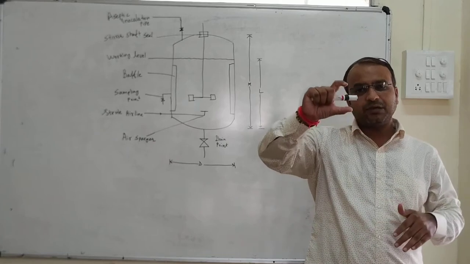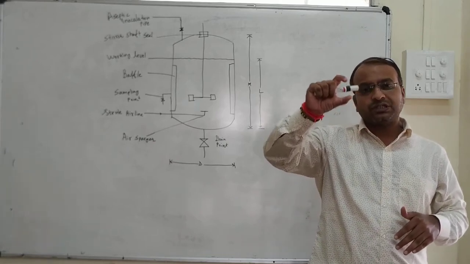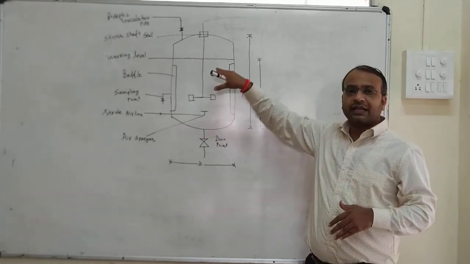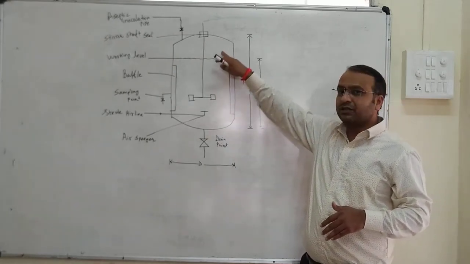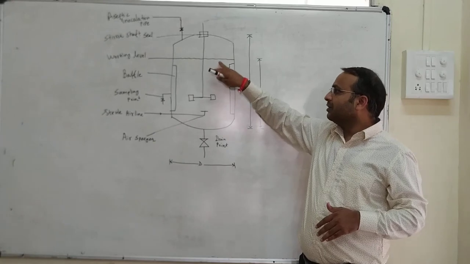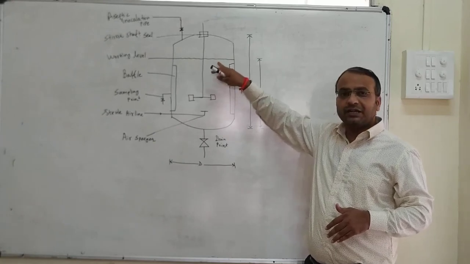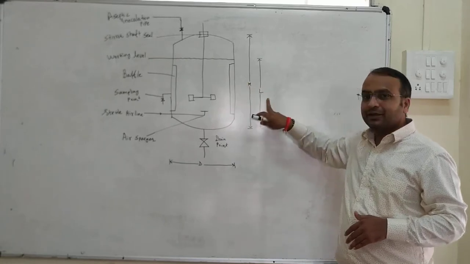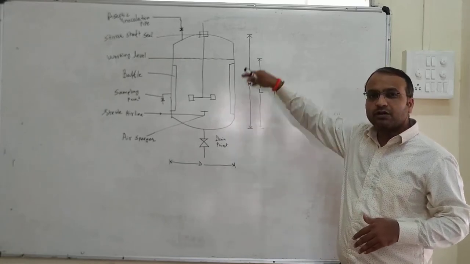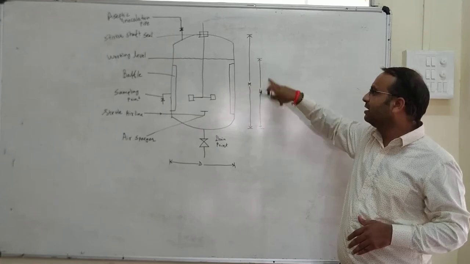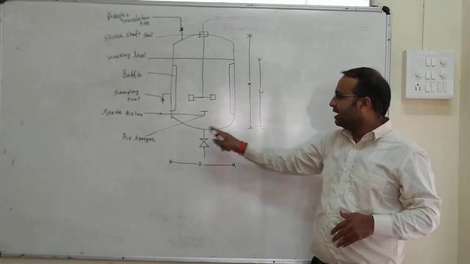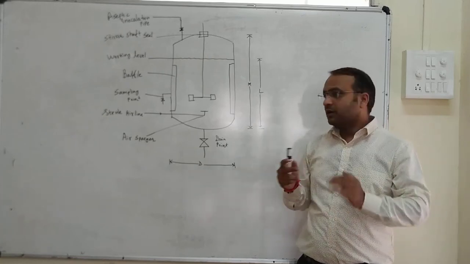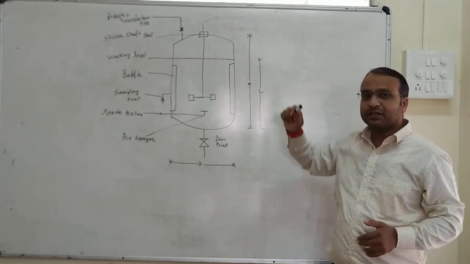We keep some empty headspace, so some headspace should also be left in this reactor. Whatever the level of the media is, this is called the level, L. This height from the bottom to the media level, the liquid level, is called L. Then the diameter is called capital D, the diameter of the vessel. So these are the geometrical specifications.